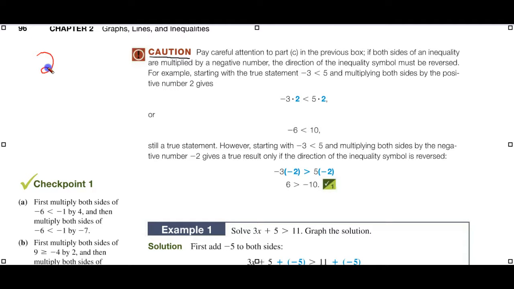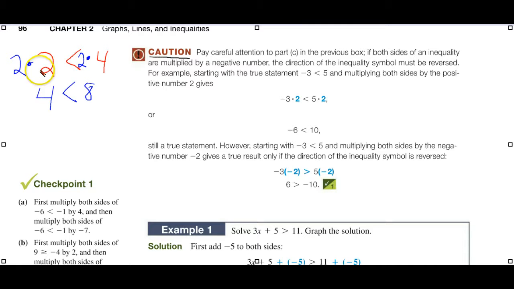We know that 2 is less than 4. And if we multiply 2 on this side by 2, and on this side by 2, we get 4 is less than 8.